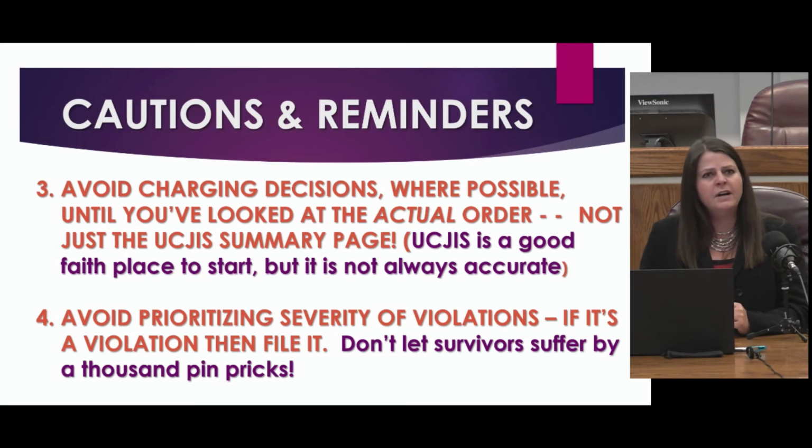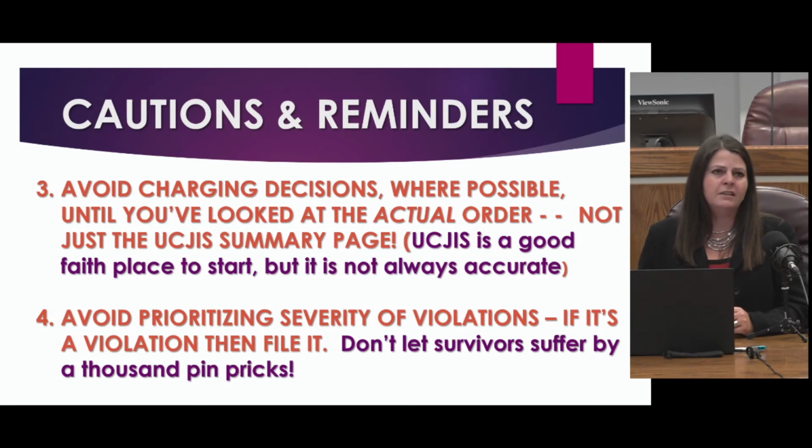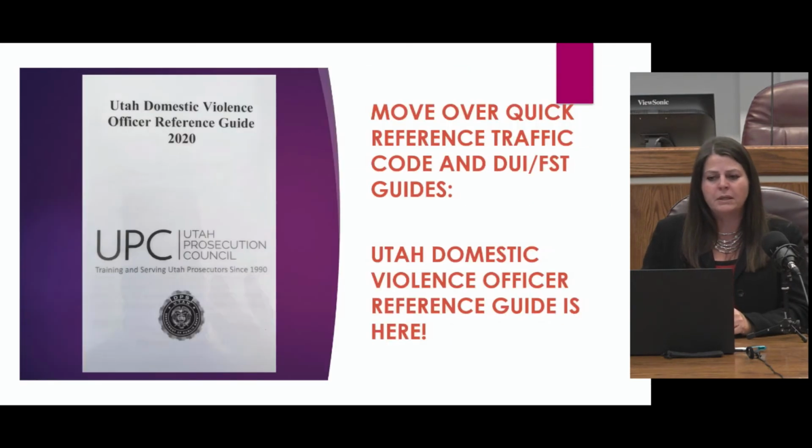So if it is a violation, try and just take a step back. Yes, we are looking at the interest of justice, but don't forget that campaign of domestic violence involves all those subtle, tiny pricks of misery, and that's one of the most common ways that they maintain control. It's continual little things as opposed to the big things.